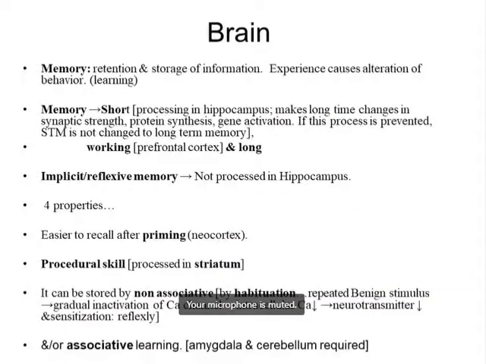Now the memory can be divided into implicit memory or explicit memory. Explicit means you can memorize and explain it. That is explicit memory. And implicit memory means you can memorize but cannot explain.